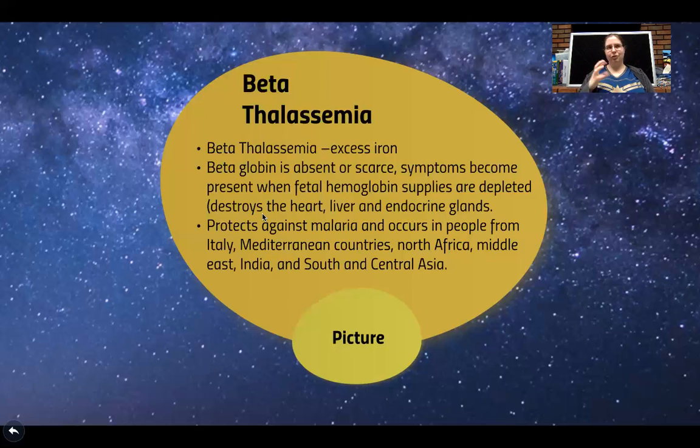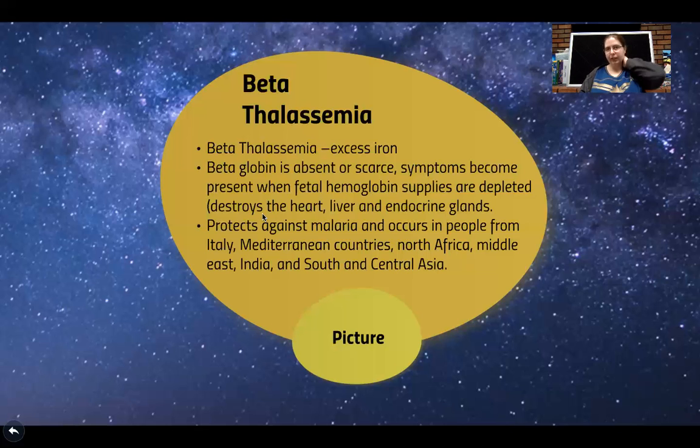The genes are not going to make any more of it. They're going to start making the adult hemoglobin, but the existing fetal hemoglobin in the blood cells is still there. Eventually it gets worn out, broken down, and replaced by the adult hemoglobin. And that's when the symptoms of beta thalassemia become seen.